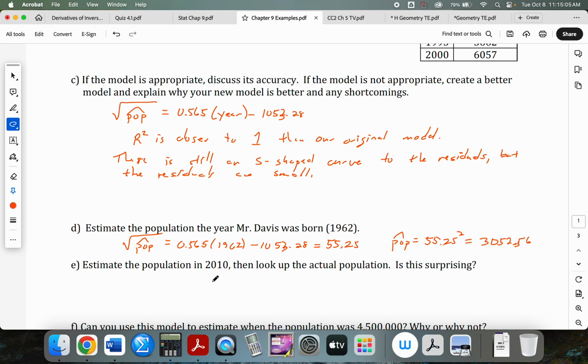So let's estimate the population in the year 2010. The square root of our predicted population is 0.565 times 2010 minus 1,053.28.